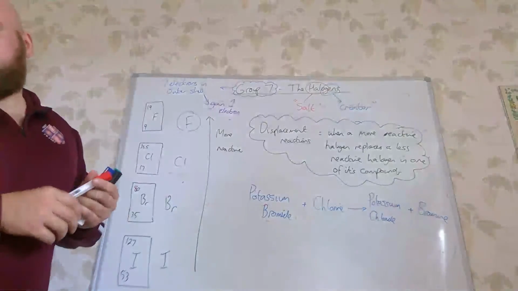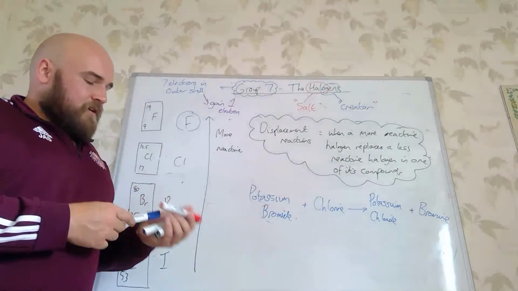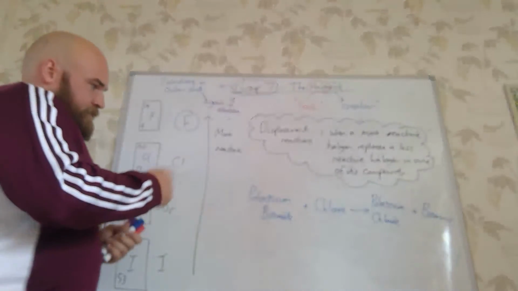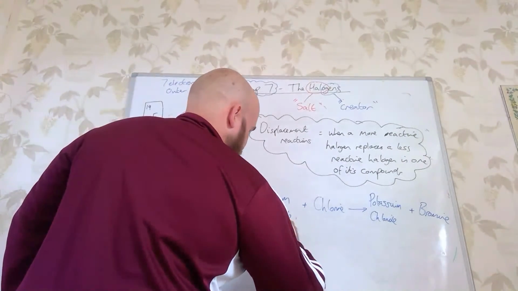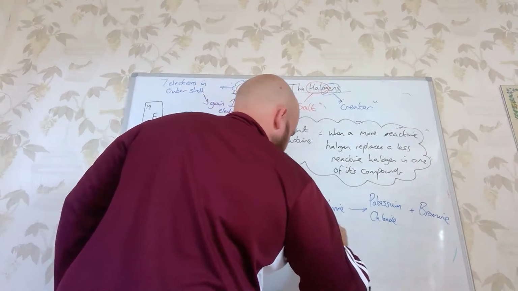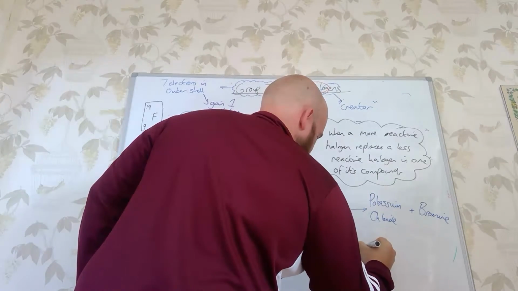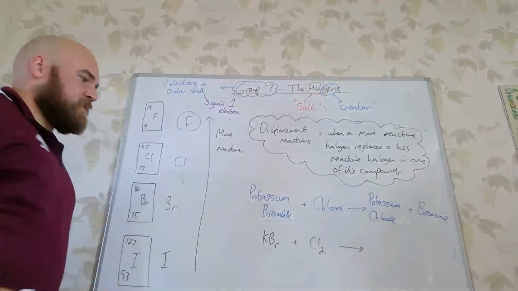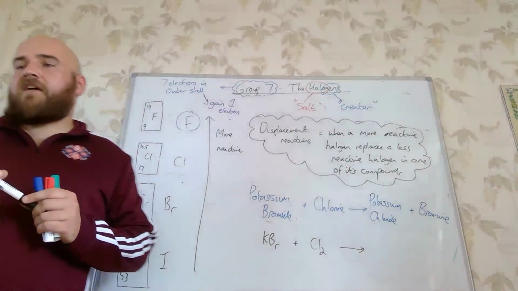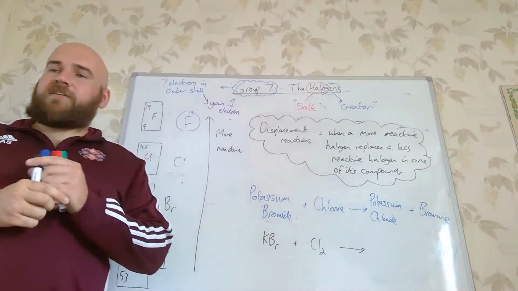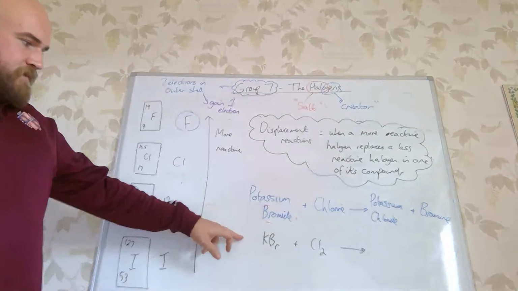All right. So let's have a look at the symbol equation for this. So you've got KBr plus Cl2 will make what? So have a go at that, all right? I'm not going to tell you the answer. I want you to think about it now. Have a look.